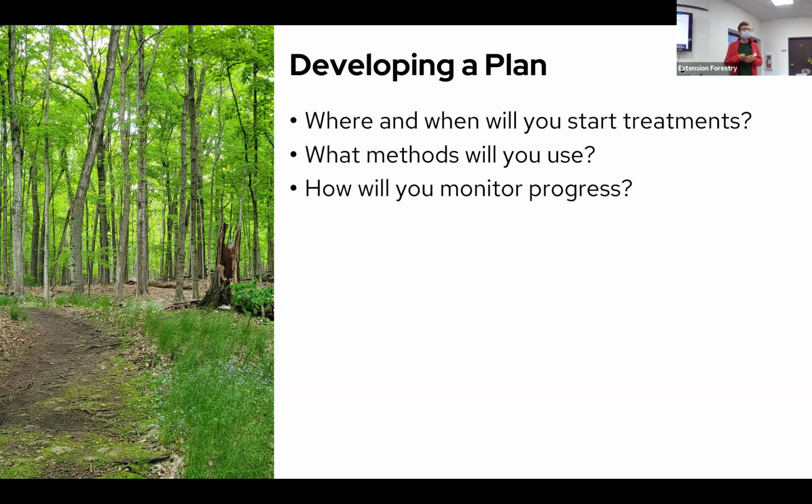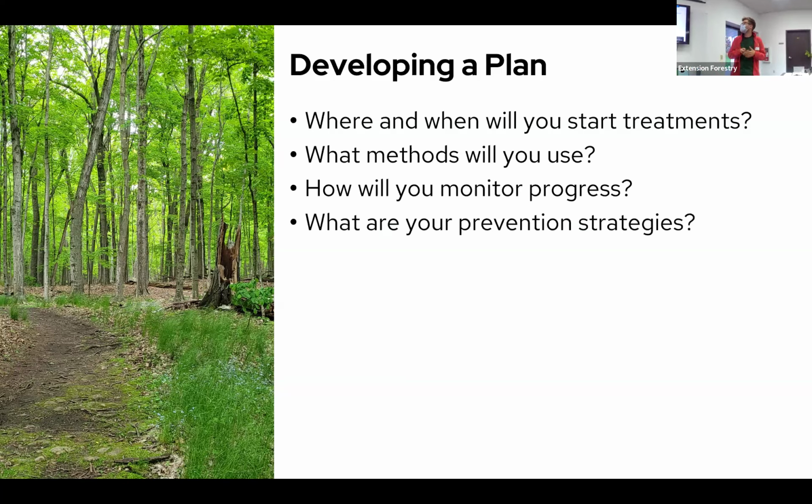How are we going to monitor progress? How are we going to know through our methods if they're working over time? And what are going to be our preventive strategies? We can clean our boots, we can clean our equipment. What are the methods that we are going to use to prevent new populations of invasive species from entering the property? And then most importantly, what's our timeline? What's our schedule here?